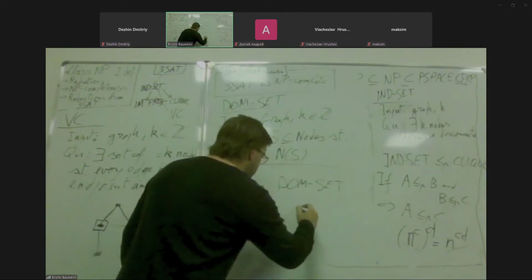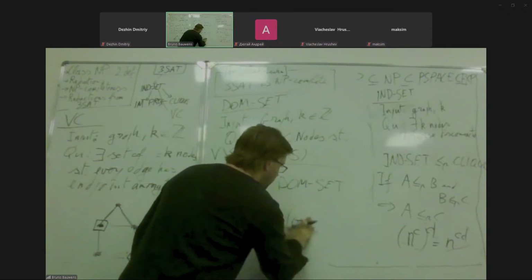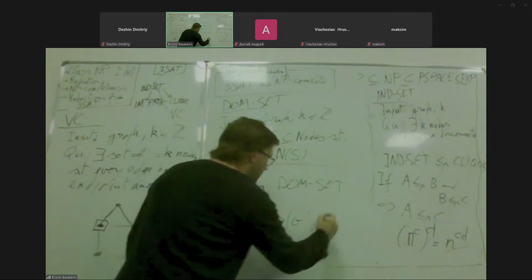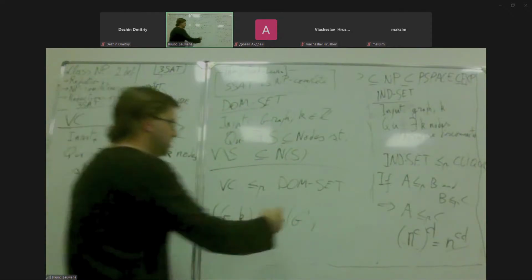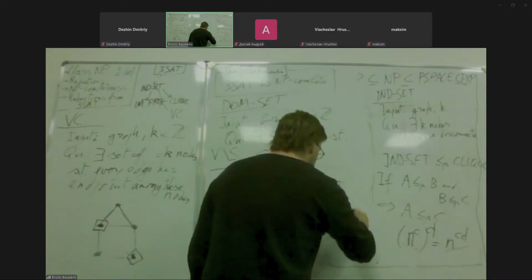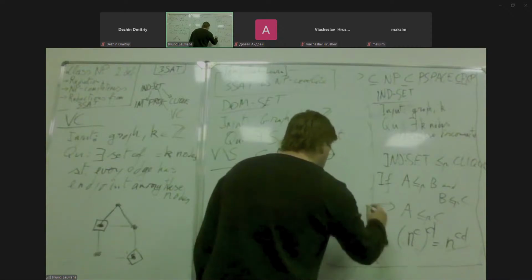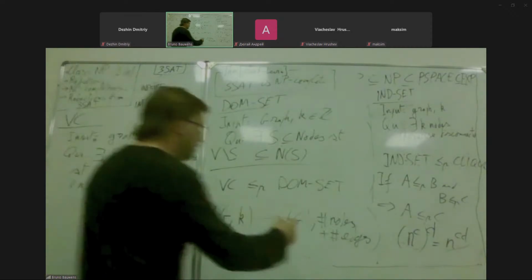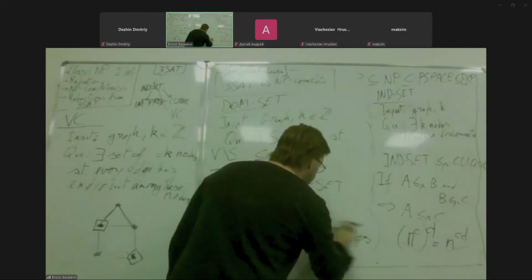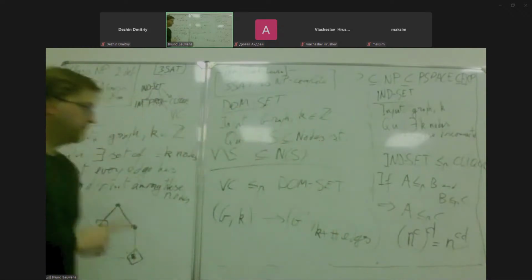I will call the new graph G prime, and the value of k is k plus the number of edges. So that's the value.